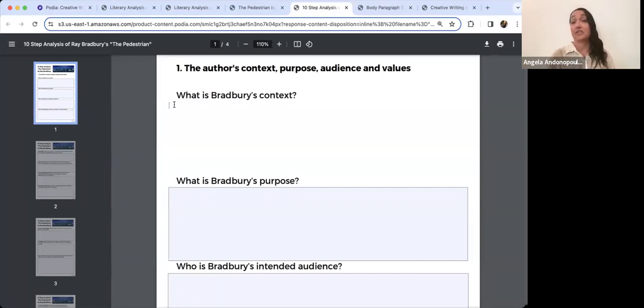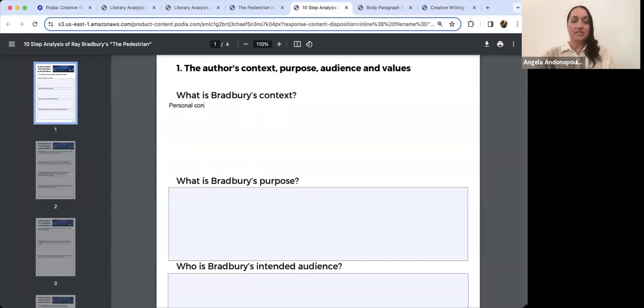The policeman really didn't like this joke. He thought that Bradbury was being smart. Bradbury himself really didn't like that he was just exercising his right to be free and walk around the city as he chose, and that he was being viewed with scrutiny by an authority figure. So that was part of the personal experience, the personal context that shaped this story.